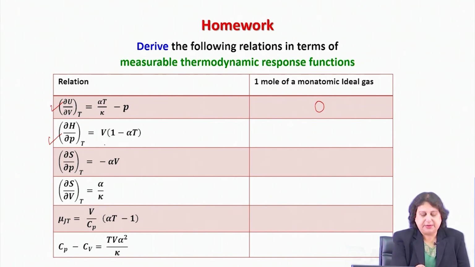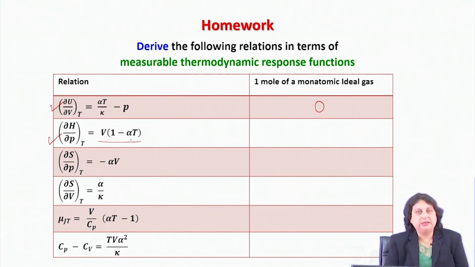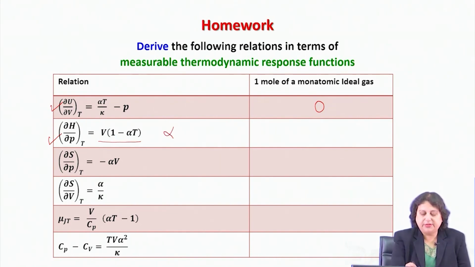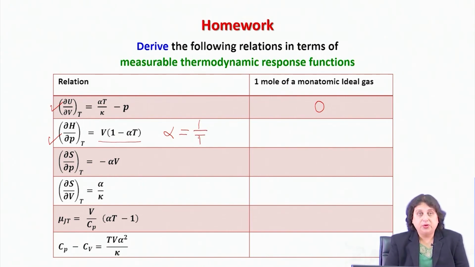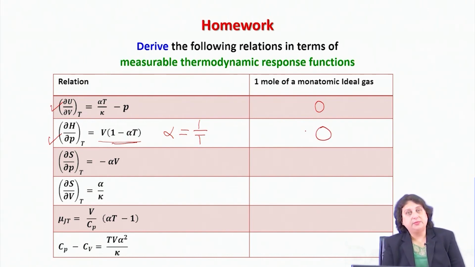This is the expression of del H del P at constant T, and we have already shown that alpha for this gas is equal to 1 by T. Therefore, what would be the result? So alpha T would be equal to 1, which means the term within the bracket will vanish. Once again, for 1 mole of a monatomic ideal gas, this quantity is going to be equal to 0.